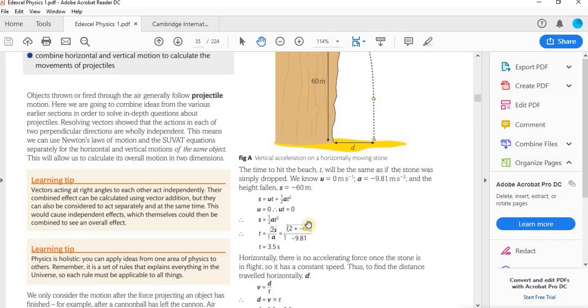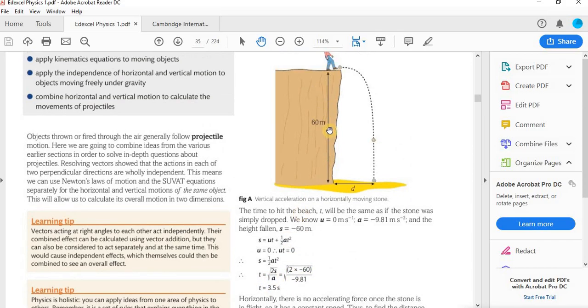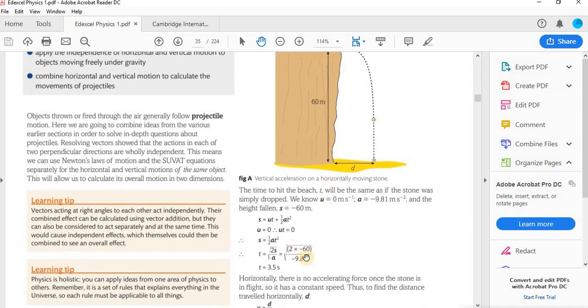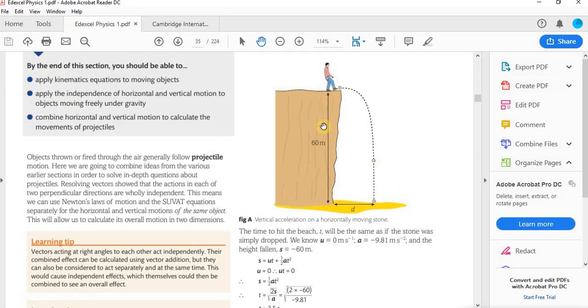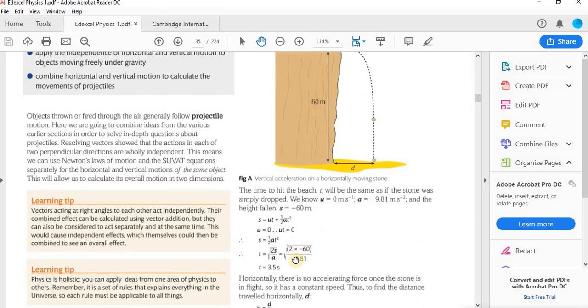So s is the displacement, it is vertical and downwards, so it's minus 60. The acceleration due to free fall is also vertically downwards, so it's minus 9.81.